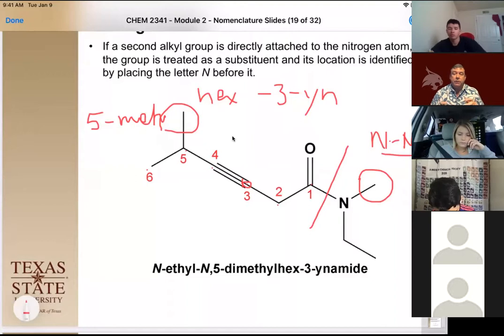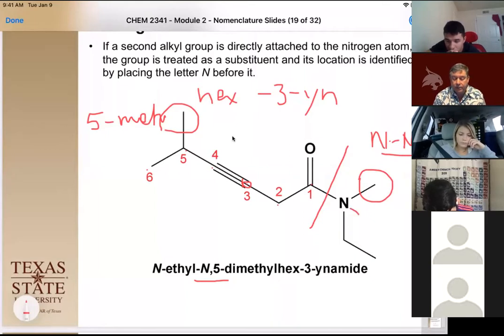So how can we make sure we have di and know that it's on the 5 and the nitrogen? Well, we say dash N for the nitrogen, comma 5. Notice the N comes first because otherwise we would do them number-wise. However, the letter N does not count as a number, so we put it first and then the number second.